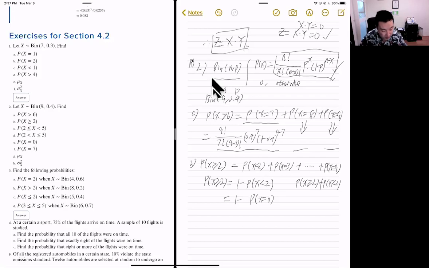So it is P(X equal to 0) plus P(X equal to 1). Do not include P(X equal to 2), because this is less than 2. Then we plug x equal to 0 into this mass function here, with n equal to 9, p equal to 0.4. Same thing, I will not repeat.